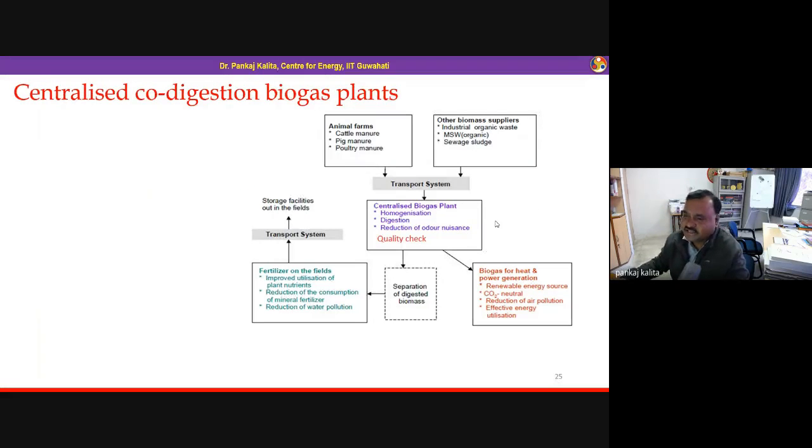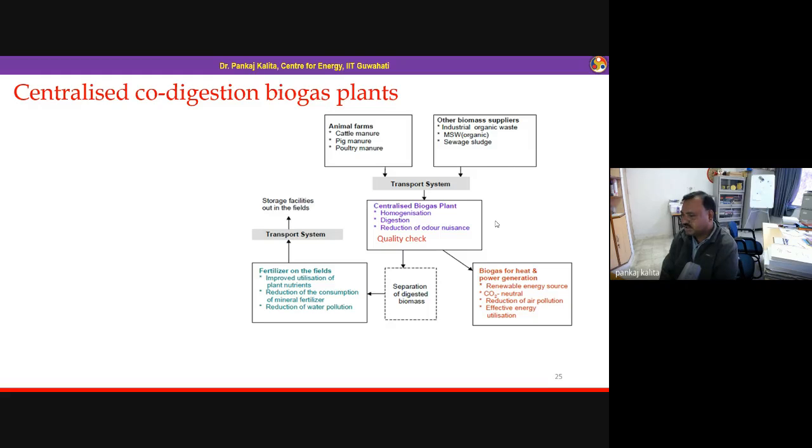Let us take a centralized co-digestion plant, how it will look and how it will work. This is the basic purpose of introducing these slides. We can collect animal manure, it may be cattle, pig, or poultry manure, and then biomass suppliers like industrial organic waste, MSW, which of course is organic, and sewage sludge.